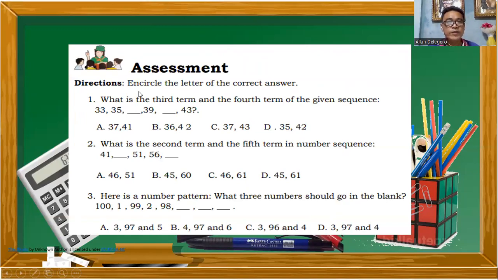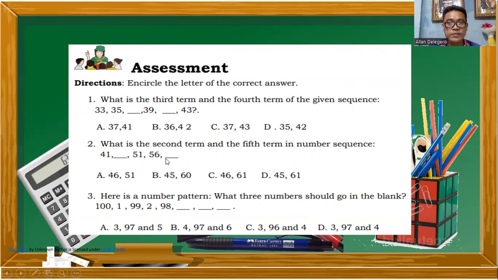Do the assessment. Encircle the letter of the correct answer. Number 1, what is the third term and the fourth term of a given sequence? 33, 35, blank, 39, blank, 43.